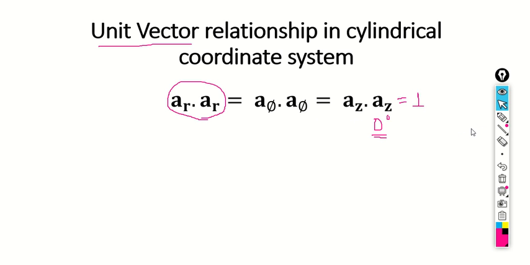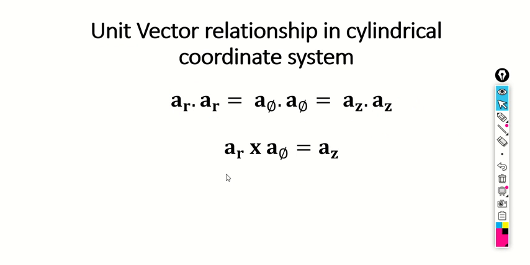It exists. Now, if I take the cross product, we have seen the circle diagram: when I go in the sequence r, phi, and z, if I take the cross product of r into phi, I get z. If I take the cross product of phi into z, I get r. If I take the cross product of z into r, I get phi.